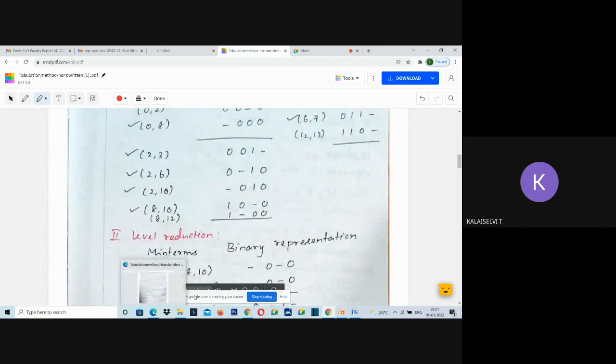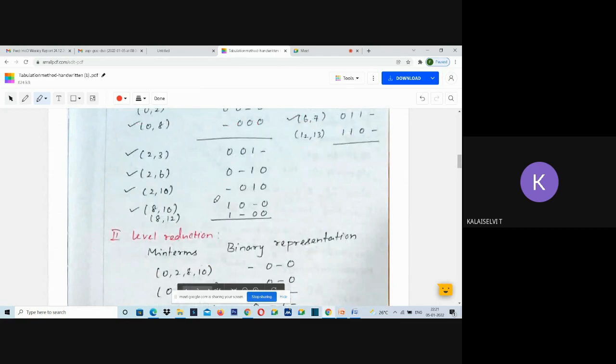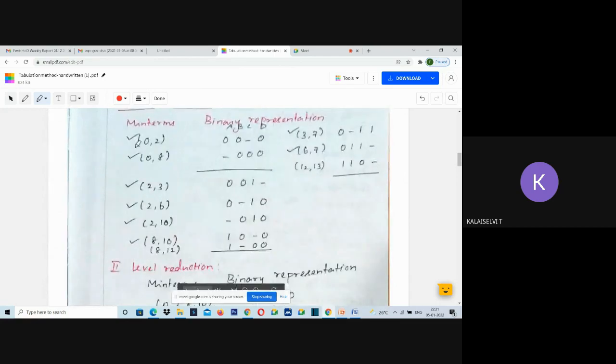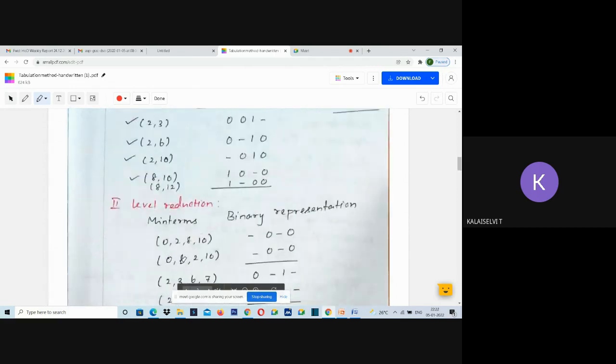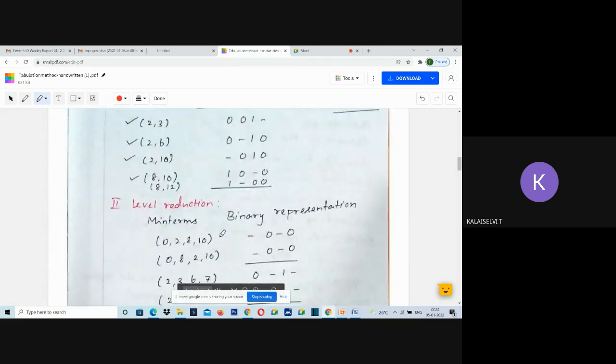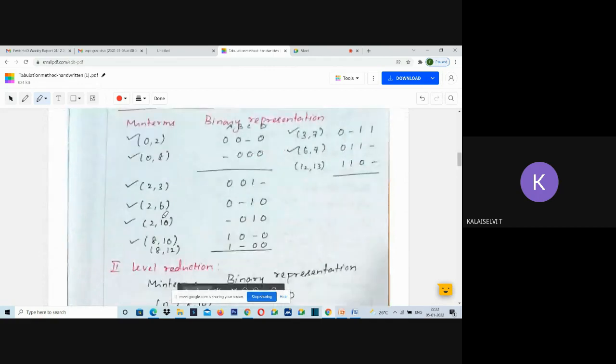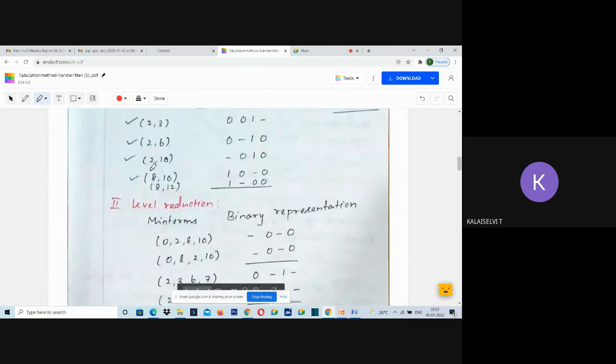So the combinations we make in the second level have to be marked with a tick mark in the first level reduction. Here 0 2 8 10 is combined, so 0 2 is ticked, 8 10 is ticked, and for the other combination 0 8 2 10, 0 8 is marked with a tick and 2 10 is marked here.